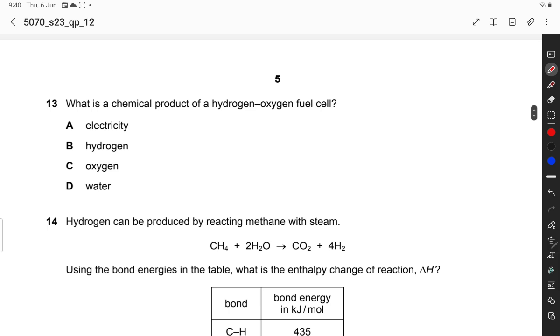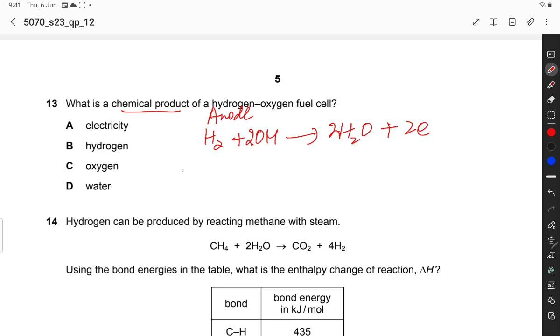Question number 13. What is the chemical product of hydrogen oxygen fuel cell? We know that chemical product of hydrogen oxygen fuel cell is the water. Look at this, H2 plus OH negative to form water and 2 electron. So this is anode reaction.